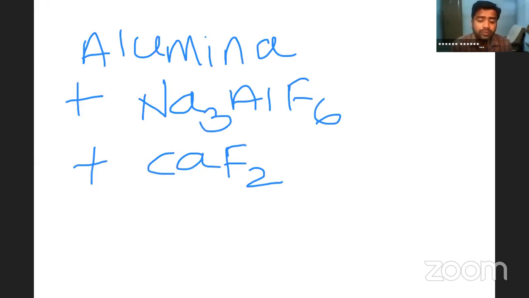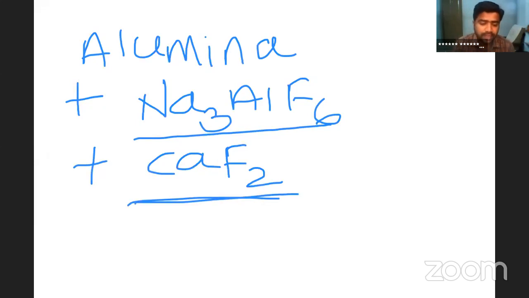Cryolite makes alumina a good conductor. And fluorspar lowers the melting point of this complete electrolyte.